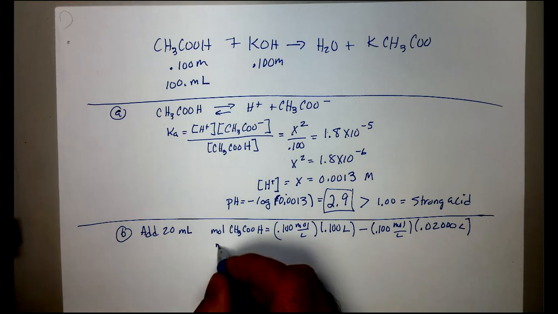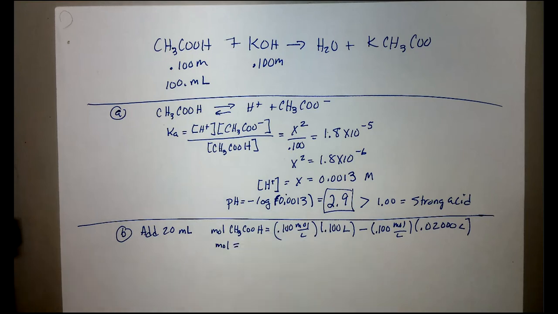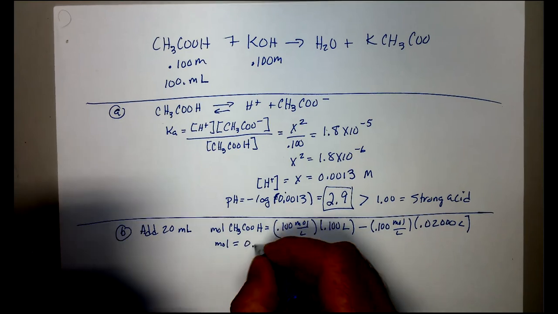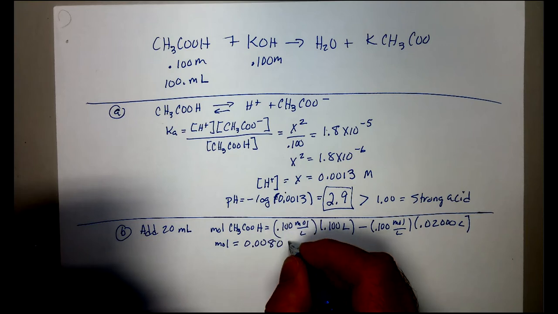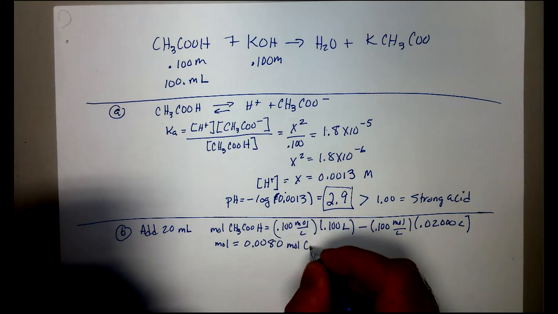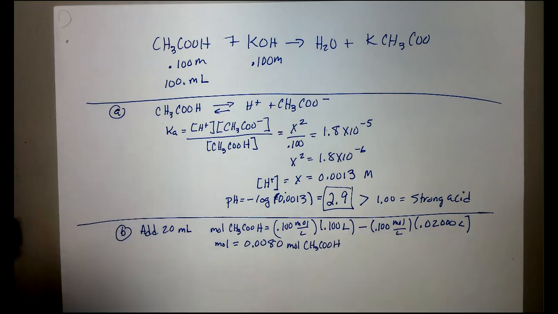So our moles then are going to equal the difference. And that'll give us 0.0080 moles of acetic acid in excess left.